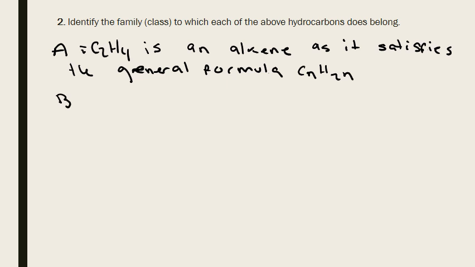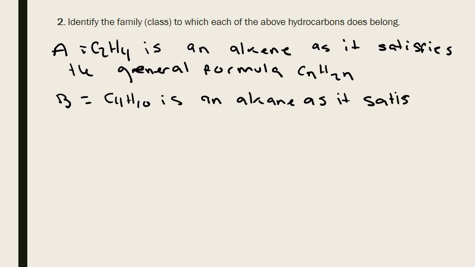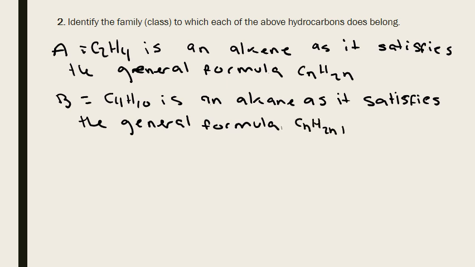And B, which we saw was C4H10, is an alkane, as it satisfies the general formula CnH2n+2.